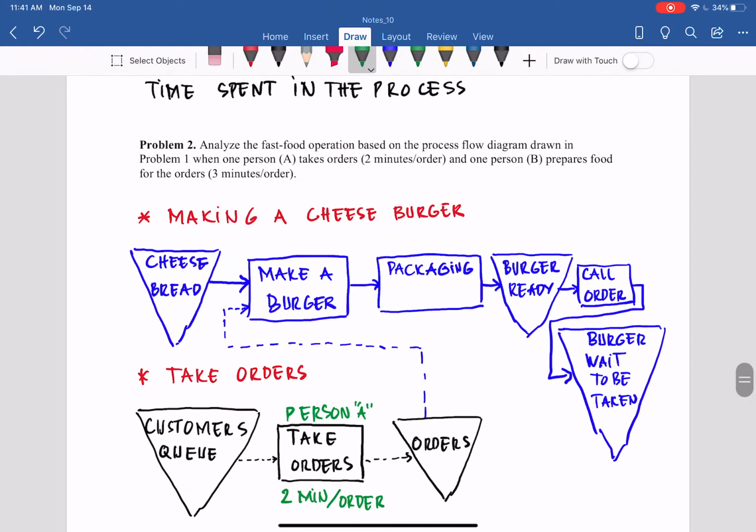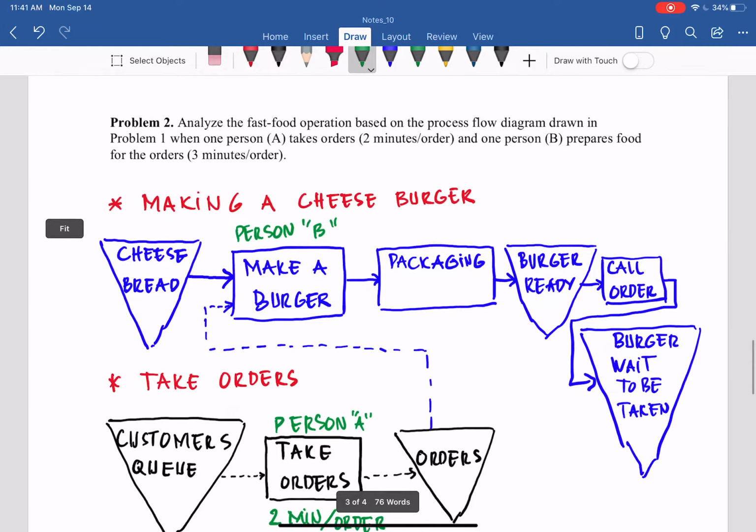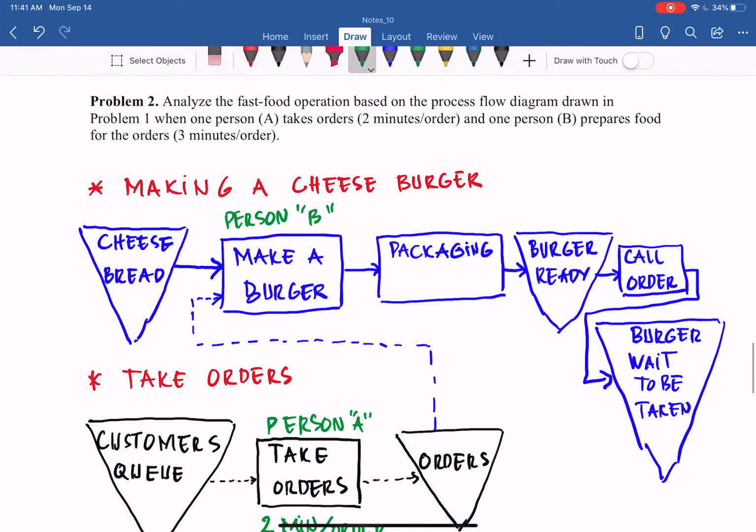And then one person B, only one person B, prepares the food for the orders, and it takes 3 minutes per order.